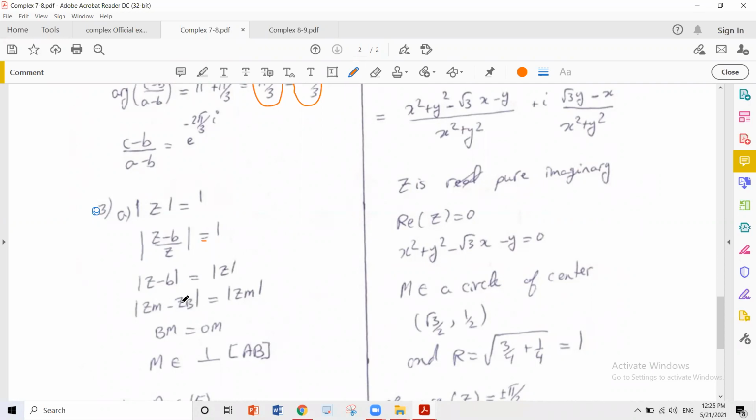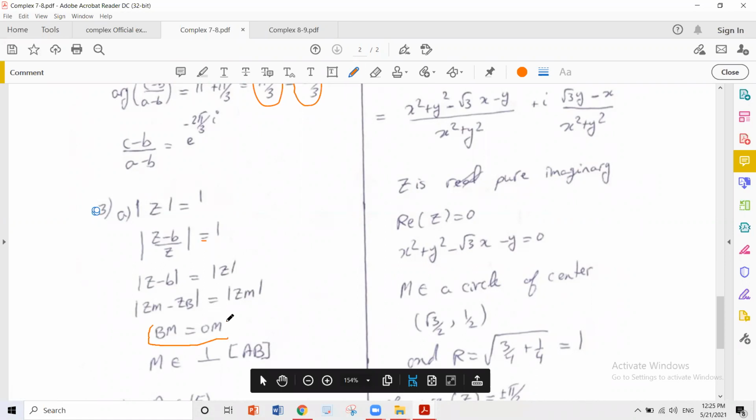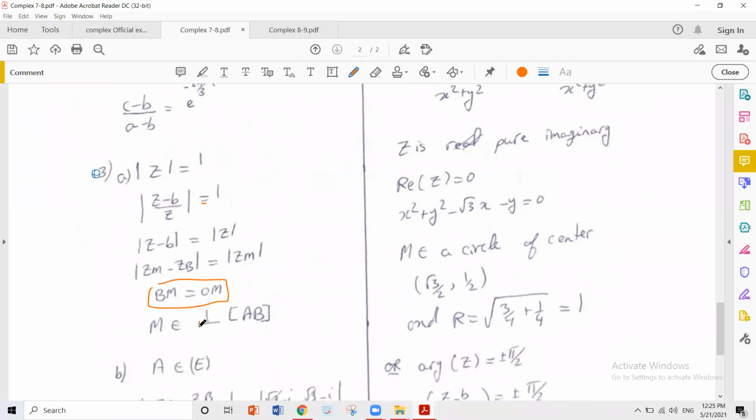So, zm minus zb equal modulus of zm. It means that BM equals OM. The M belongs to the perpendicular bisector of AB, of not AB, of OB.